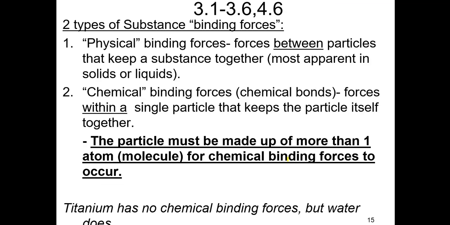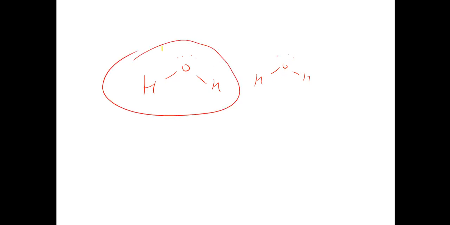Now we're going to get into those other definitions that I mentioned in the outline. We have physical binding forces and chemical binding forces. We talked about these earlier, just as a refresher. Some particles of a pure substance have both physical and chemical.